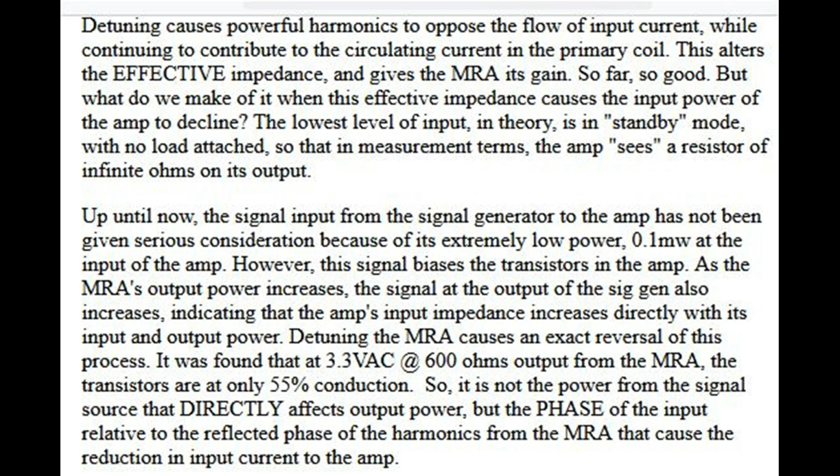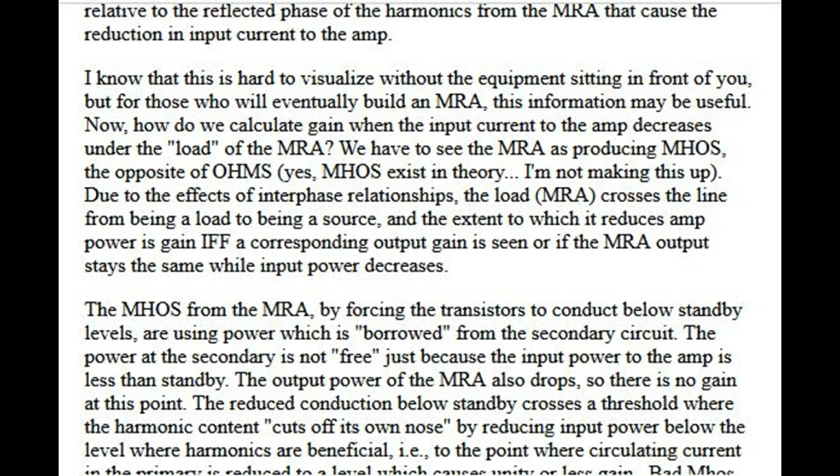conduction. So, it is not the power from the signal source that directly affects output power, but the phase of the input relative to the reflected phase of the harmonics from the MRA that cause the reduction in input current to the amp. I know that this is hard to visualize without the equipment sitting in front of you, but for those who will eventually build an MRA, this information may be useful. Now, how do we calculate gain when the input current to the amp decreases under the load of the MRA?